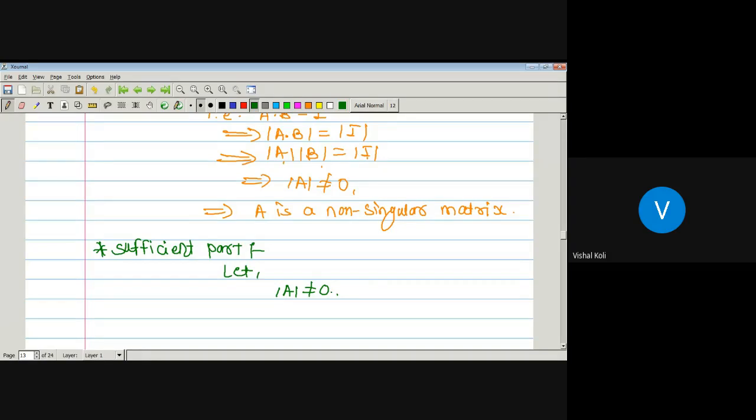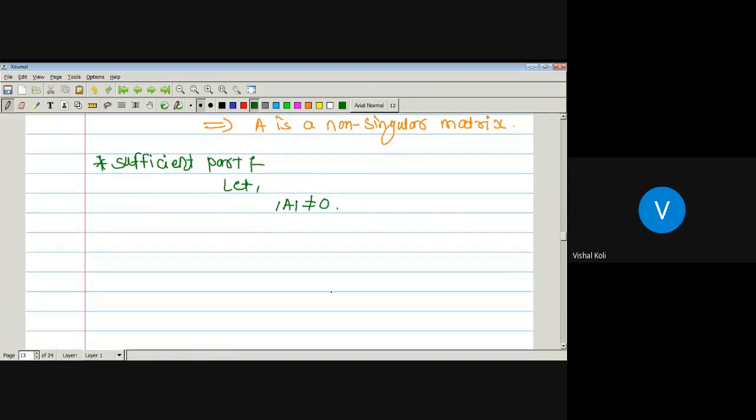As determinant of A is not equal to 0, then by the definition of inverse of a matrix, there exists a matrix B such that B is nothing but 1 upon determinant of A into adjoint of A. That is its inverse, which implies there exists a matrix B such that B is equal to 1 upon determinant of A into adjoint of matrix A.